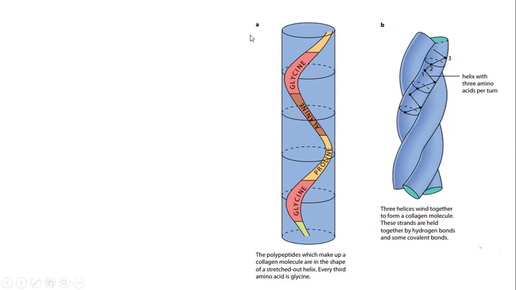Now when you look at these polypeptides, each one of them coils to form a helical kind of structure. So that is why you find collagen being described as having a triple helix. Triple because it is made up of 3 polypeptide chains and they all coil around each other so tightly, forming a three-stranded rope.